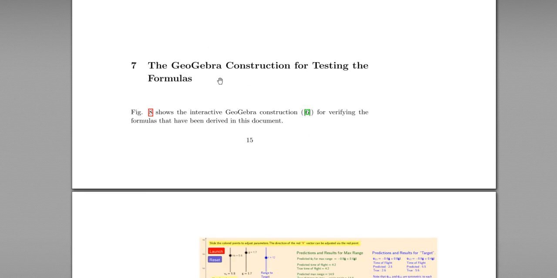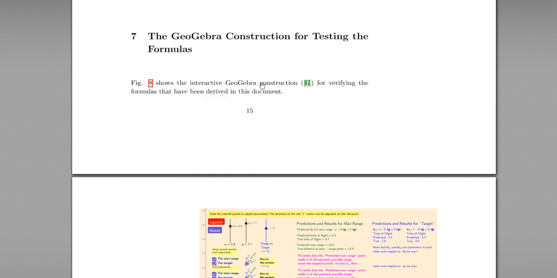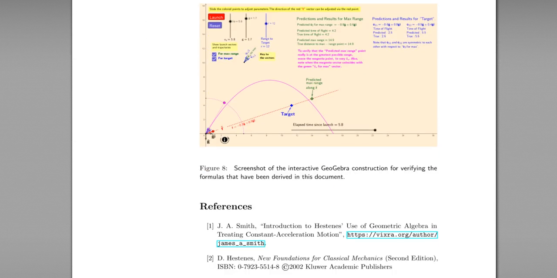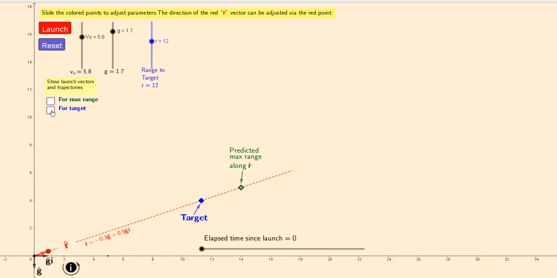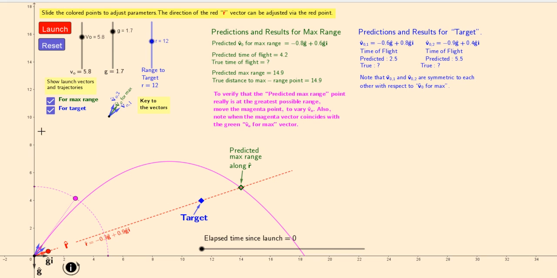So finally then there's a GeoGebra construction for testing the formulas, and let's take a look at that just briefly. You'll be able to check solutions for the maximum range and for a target at less than the maximum range.